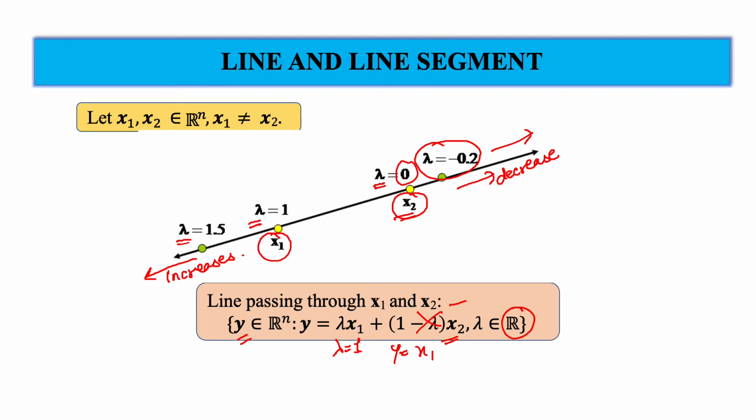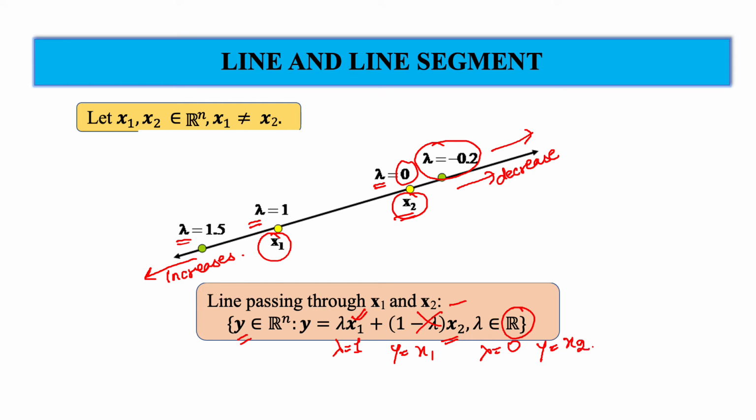If you plug in lambda equal to 0, this will become 0 and this will become 1, so this quantity will vanish and y is equal to x2.